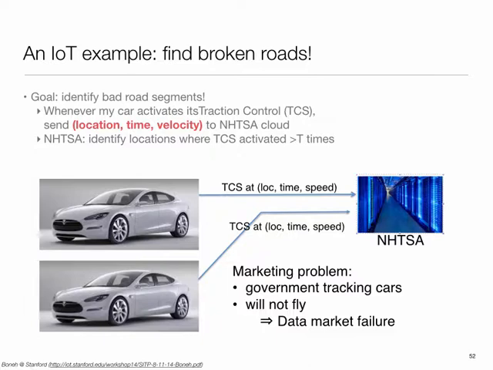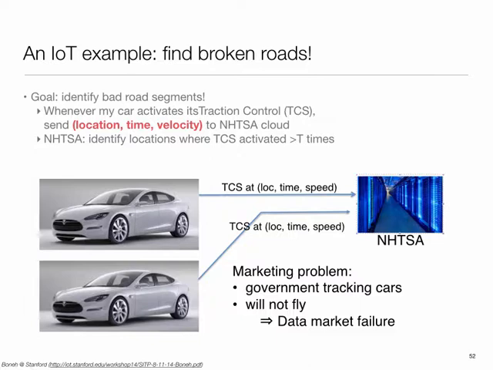The idea out here is that we want to identify automatically bad road segments. Whenever the car activates its traction control system, then it will send location, time, velocity to the National Highway Transport Security Agency, and it will thereby identify. And if it gets repeated reports in the same road segment, then we'll know something is happening and some action gets taken.